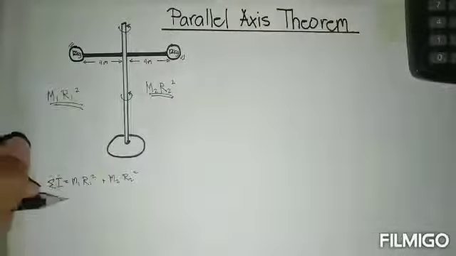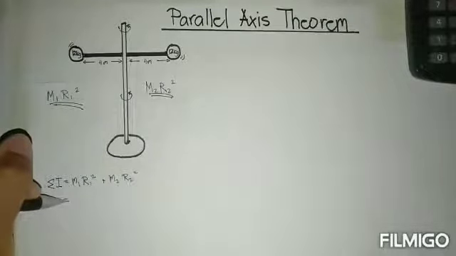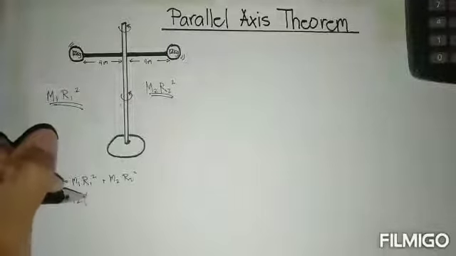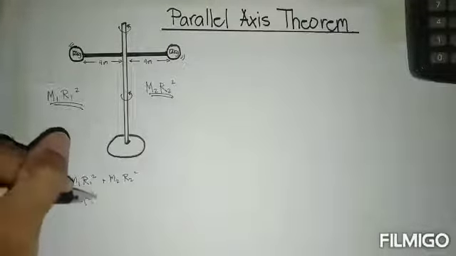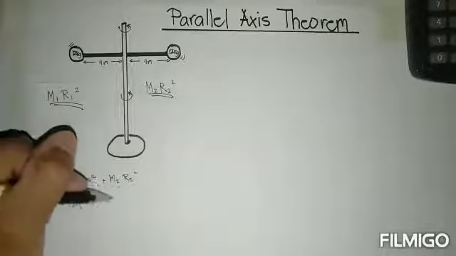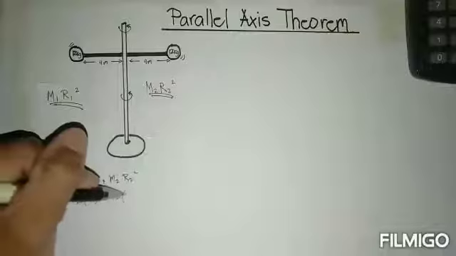So 12 kilograms times the distance 4 squared, plus m2, which is 12 kilograms times 4 meters squared.